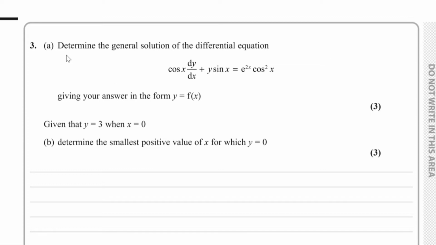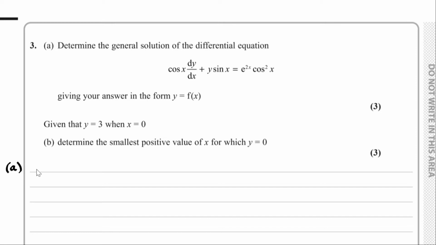Question number 3. For part A, we have to determine the general solution of the differential equation cos x times dy over dx plus y sin x equals e^(2x) times cos squared x. And we have to give our answer in the form y equals f of x.